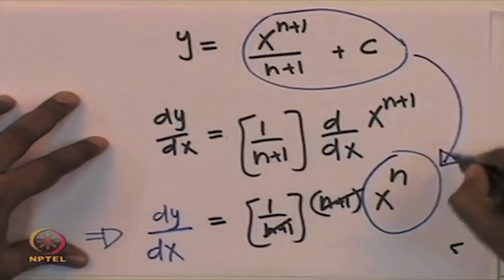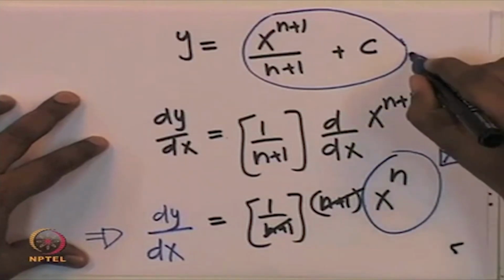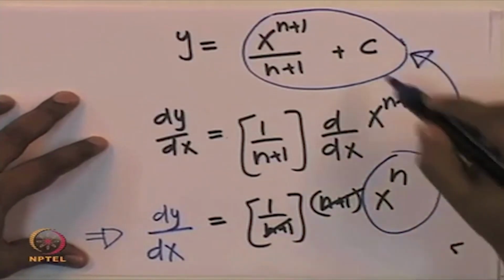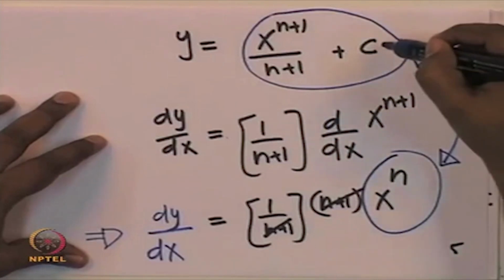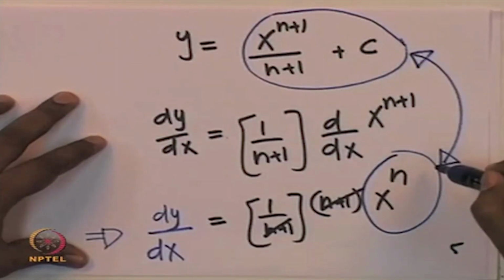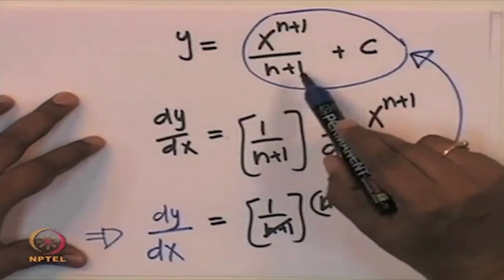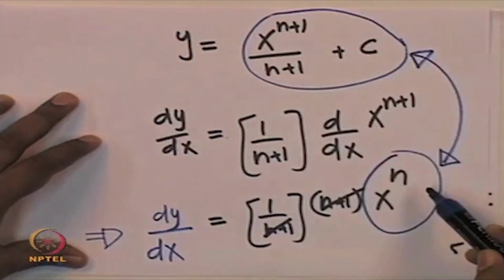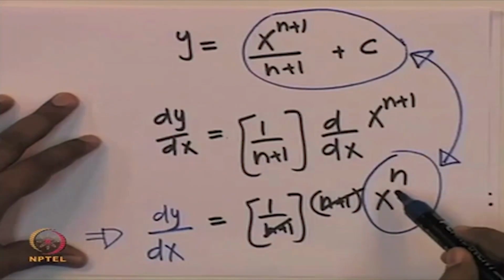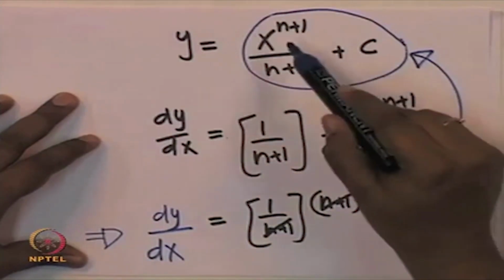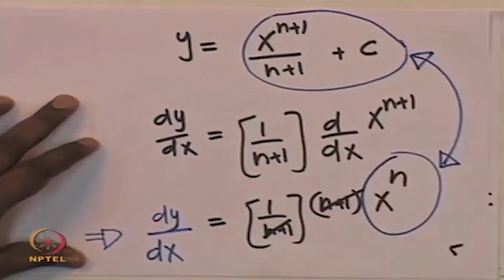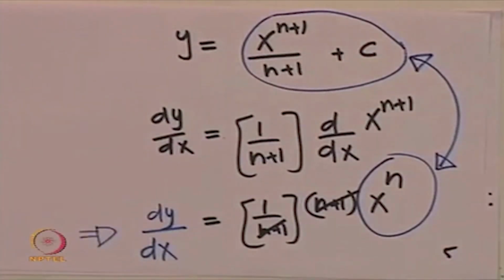The integral of this is this and the derivative of this is this. The derivative of x power n plus 1 by n plus 1 plus a constant is x power n, and the integral of x power n is x power n plus 1 by n plus 1 plus a constant. This complementary operation is called integral or integration.